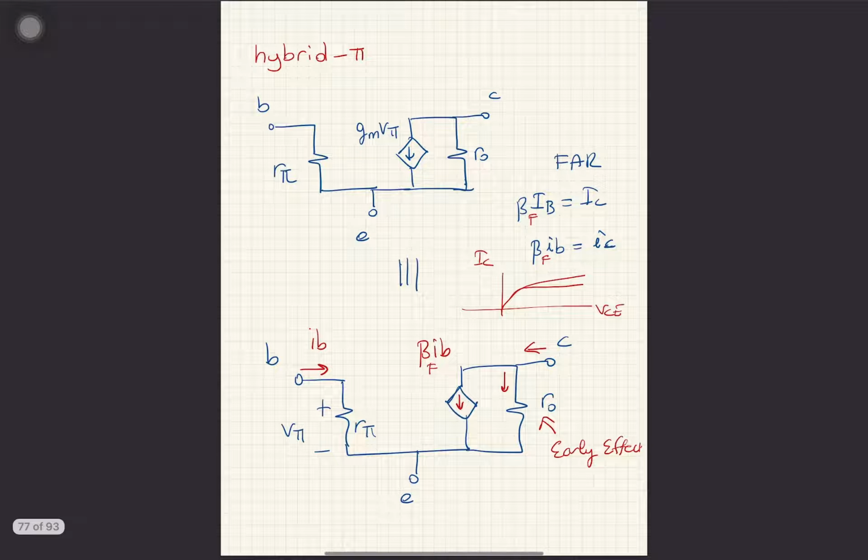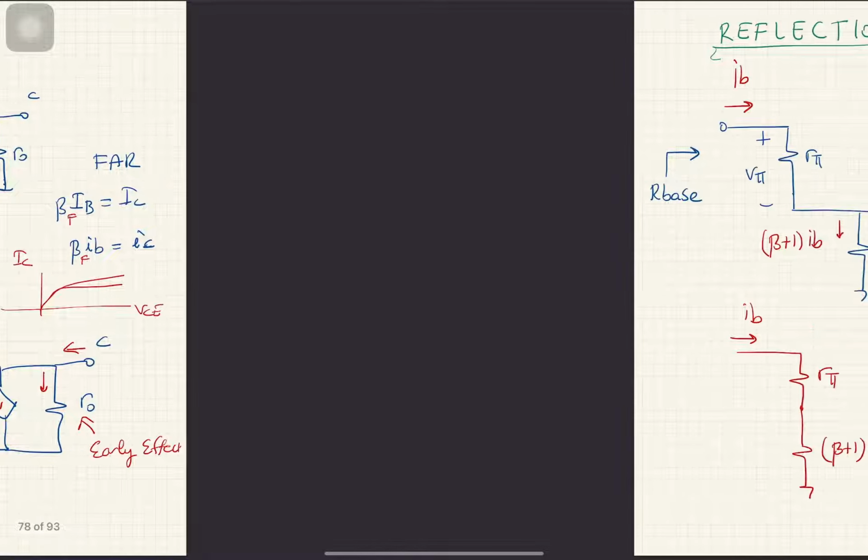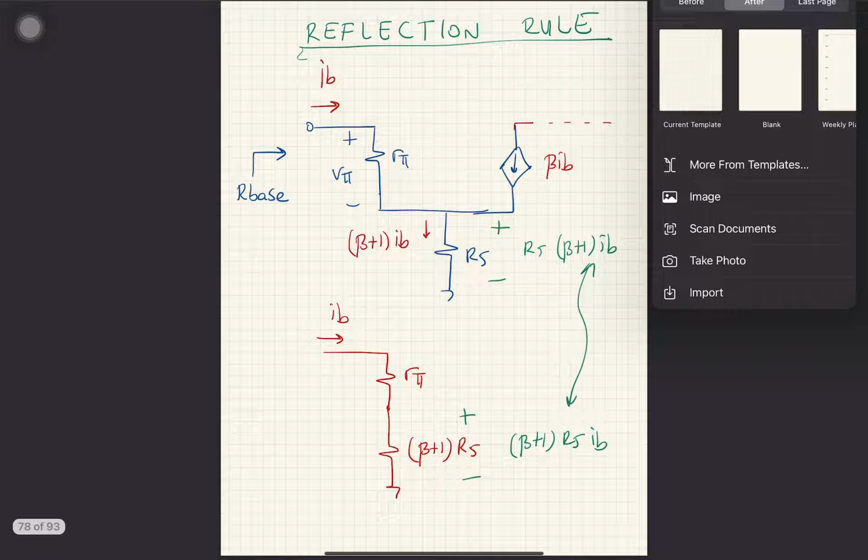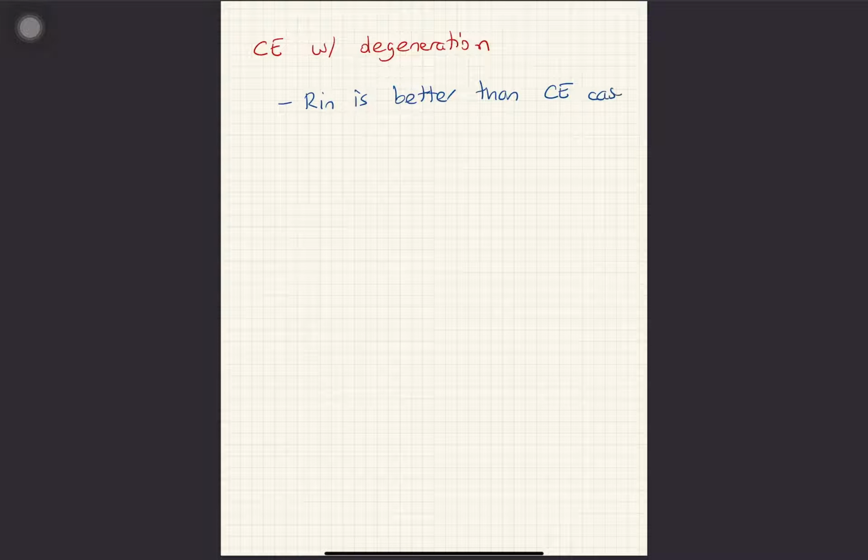So to summarize, common emitter with degeneration: Rin is better than common emitter case. Why?